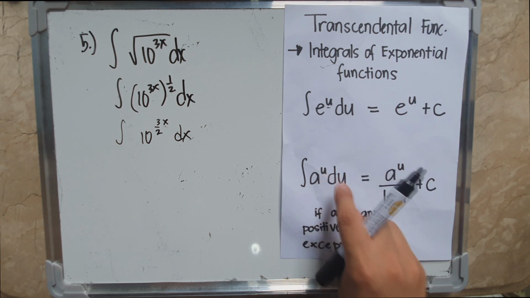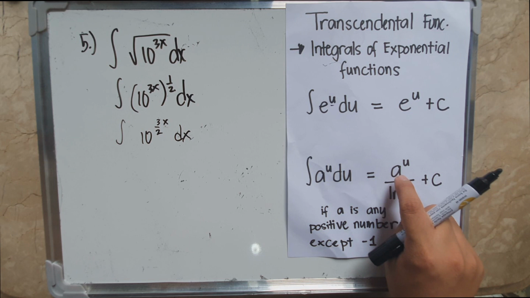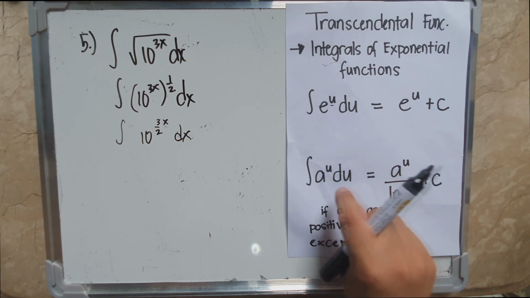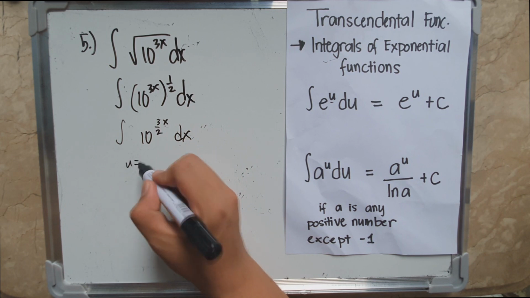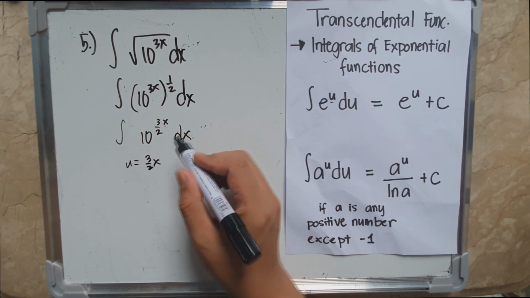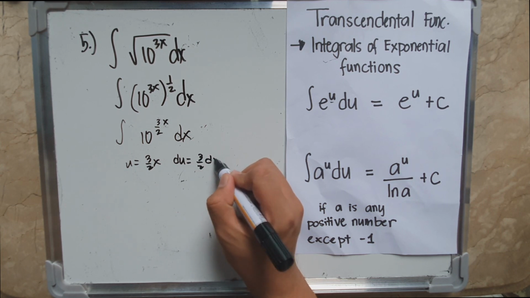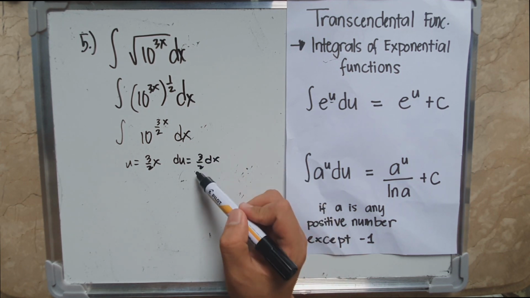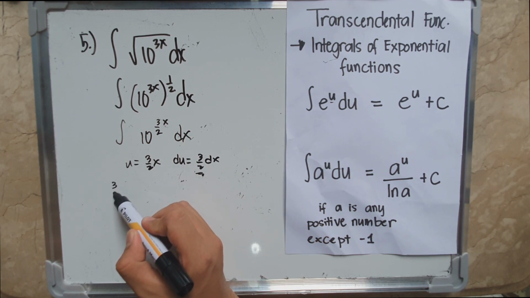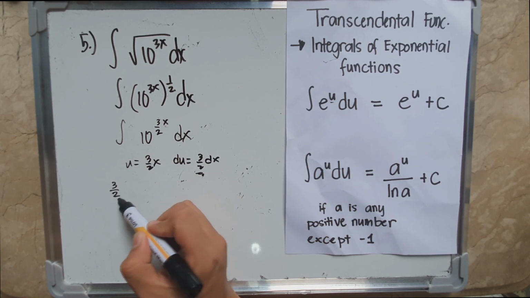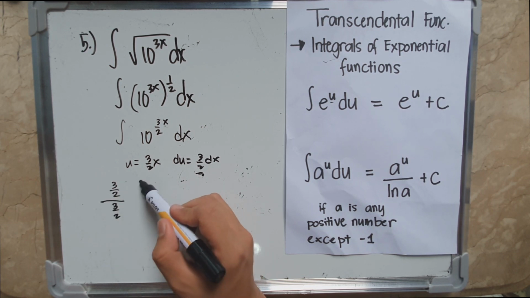Integral of a to the u du, that is a to the u over ln of a plus c. So we will be identifying the u. It is obvious, the u is 3 over 2x. The du is 3 over 2 dx. So we need 3 over 2, correcting, multiplying with 3 over 2 whole over 3 over 2, that is 1.